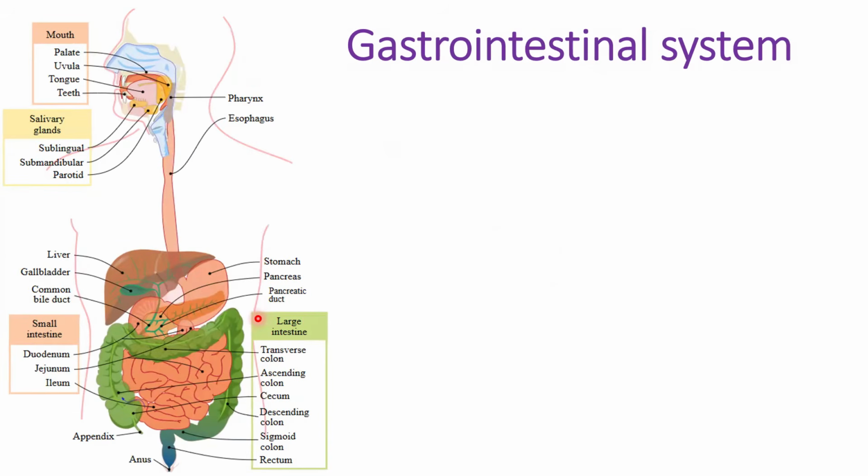For the gastrointestinal system, as you can see here, it's more structure that we cover in the digestive system in biology. So this gastrointestinal system, you can see the components.